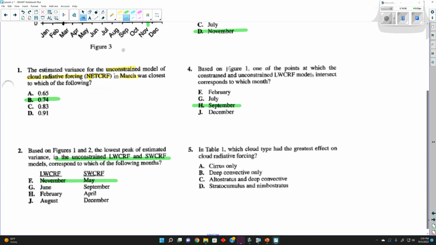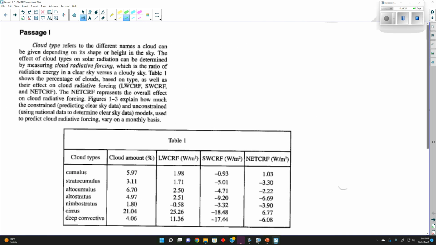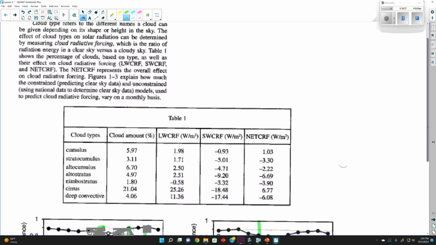All right, guys, the last one. In table 1, which cloud type had the greatest effect on cloud radiation forcing? Now, do we know what any of these values mean and how they affect it?